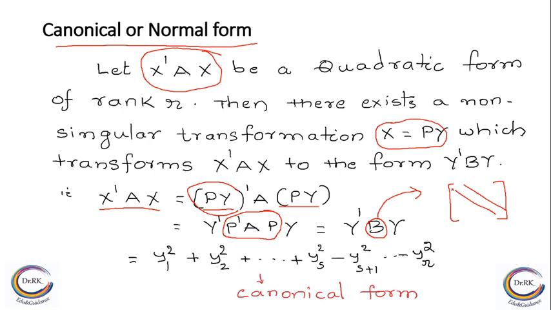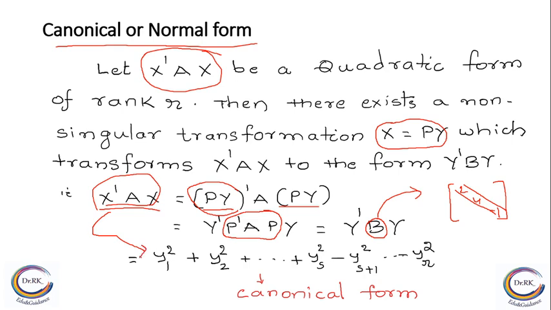Suppose here 2 is there, 4 is there, minus 1 is there. Then it is 2y1 square plus 4y2 square minus y3 square. So what we are doing is converting this x transpose Ax, which is a quadratic form, into another form consisting of only square terms.